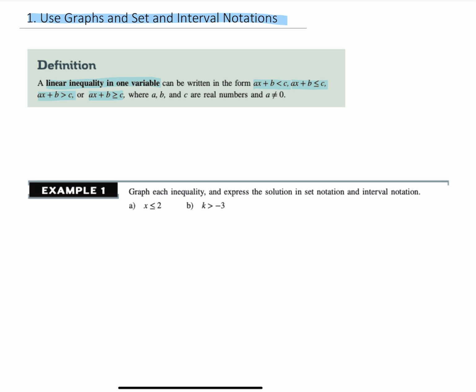So you can imagine we've been working with equal signs here. So it's a different kind of statement. Instead of saying something is equal to another expression, we're saying the expressions have some kind of relationship using these signs. If you're not familiar with these, we'll just quickly define what they are.